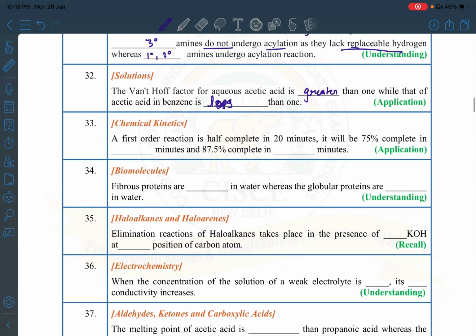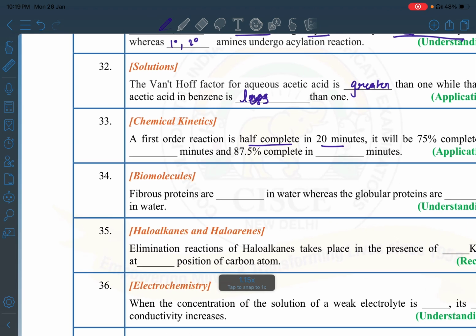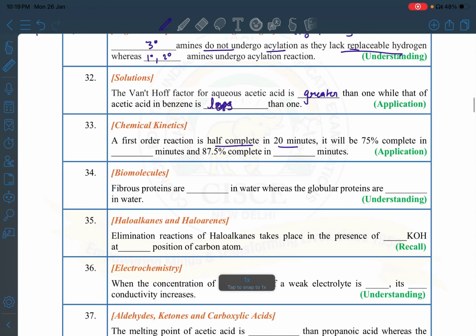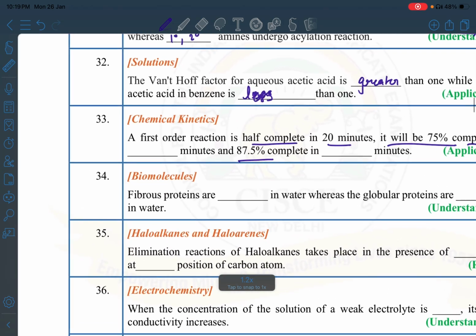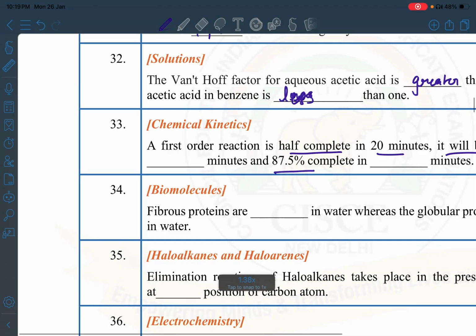The first order reaction is half complete in 20 minutes. So you have to find the time for 75% completion and 87.5% completion. So t half equals 0.693 by k, so k will be 0.693 by 20.